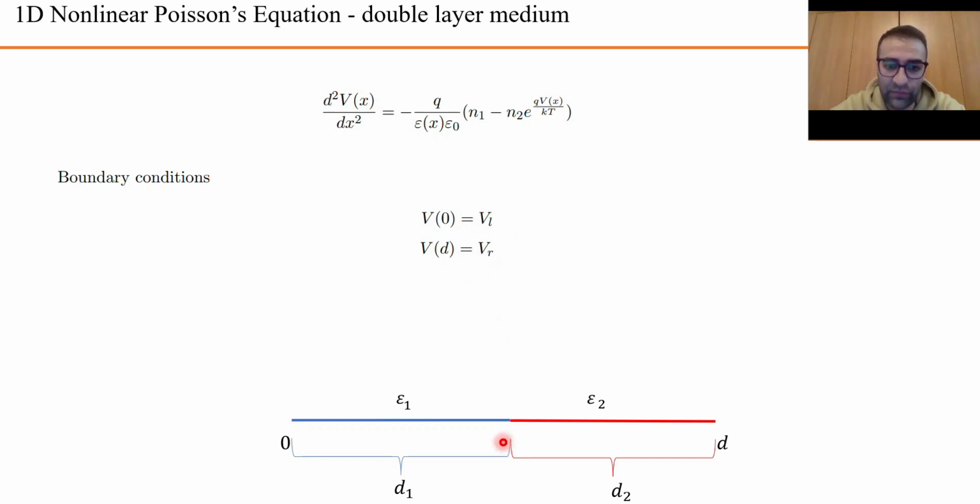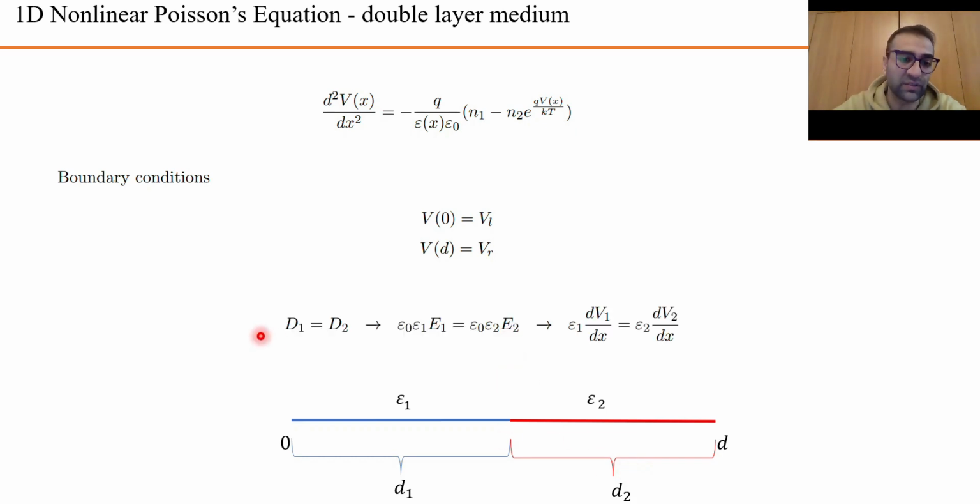And because now we are in a double layer, it means that the epsilon of the first layer is different from the epsilon of the second layer, and these epsilons are the relative permittivity. Thickness of the first layer is d1, thickness of the second layer is d2, and we know that in the absence of any surface charge density, the displacement vector at this point for the left medium and the right medium should be equal, and that is nothing but epsilon naught epsilon 1 E1 for the left layer and epsilon naught epsilon 2 E2 for the second layer.